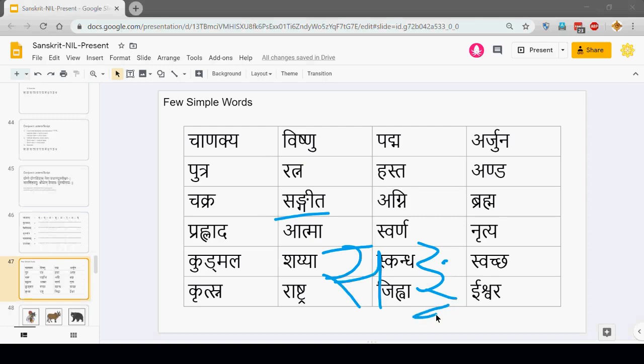Similar to that, this nga sound, sang, then there is gi and ta. Sangeeta. Sangeeta is music.